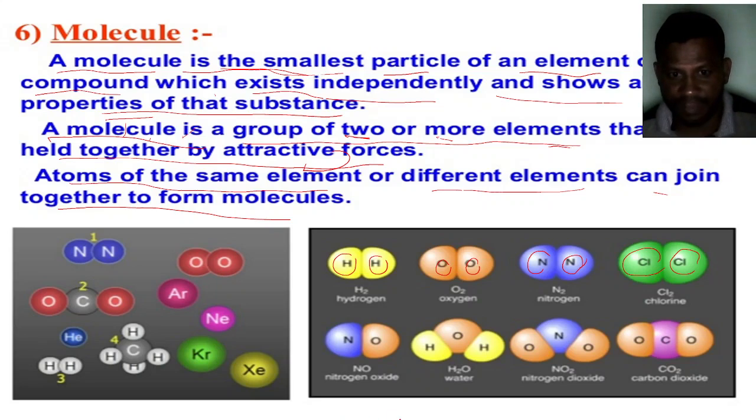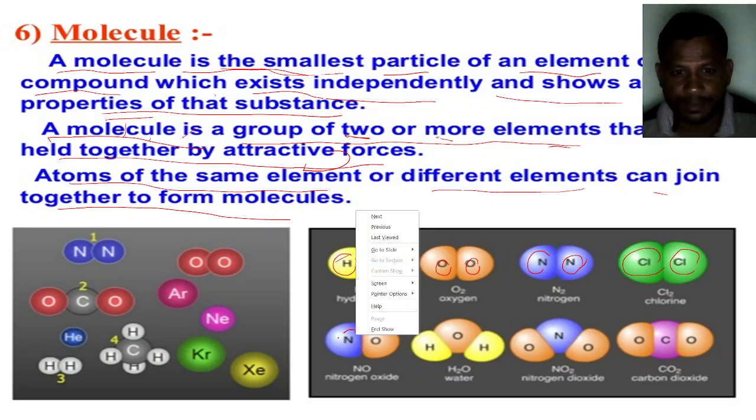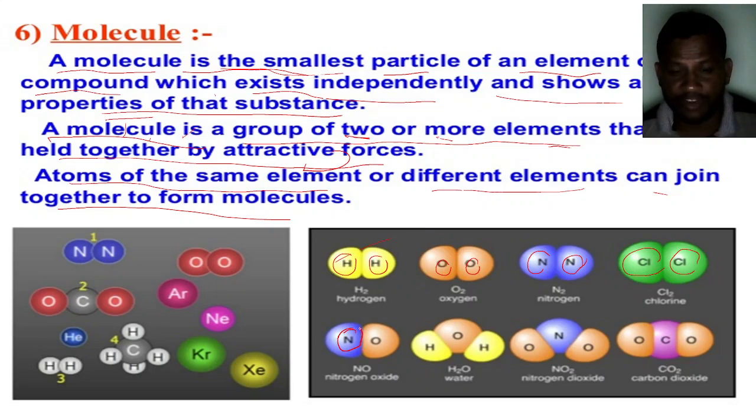For example, we can see here the molecule of nitrogen, right? Nitrogen holds oxygen very tightly here to form nitrogen oxide. Here oxygen holds hydrogen to form water molecules. Are you getting my point?